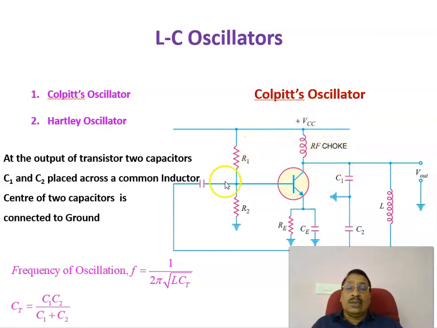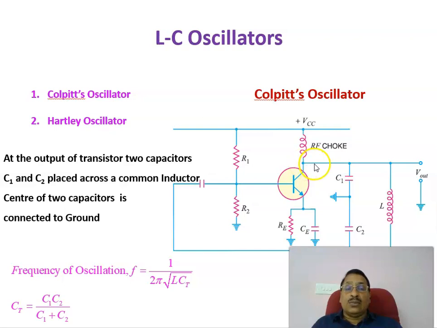This is the circuit diagram of a Colpitts oscillator, in which you can see a transistor in common emitter configuration, the biasing resistors R1 and R2, and an RF choke in the collector.